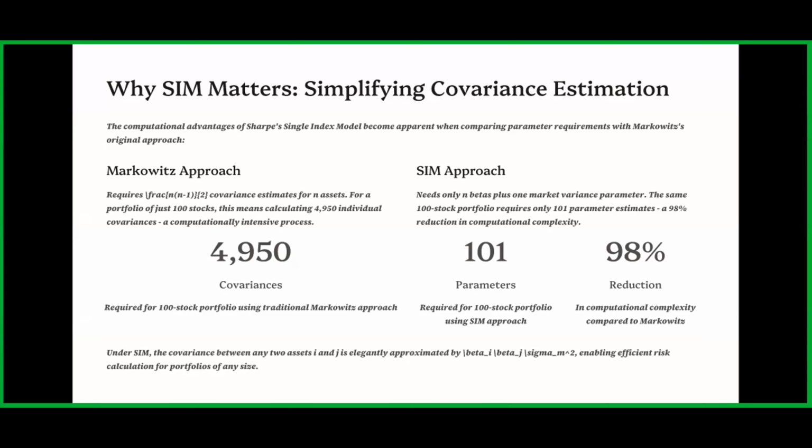So we calculate only the 100 betas and the return on the ith company at time t, and that reduces the calculations by 98%. You see how big the number 4,950 is, and how small the number 101 is. That's why the single index model reduces the mathematical complexity.